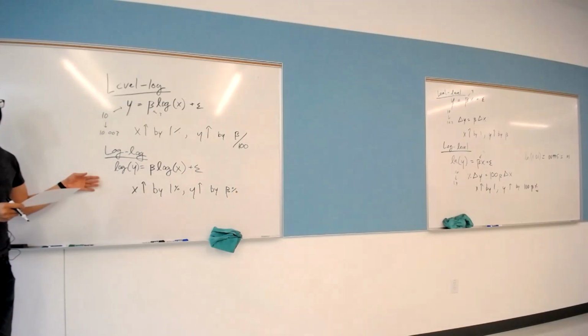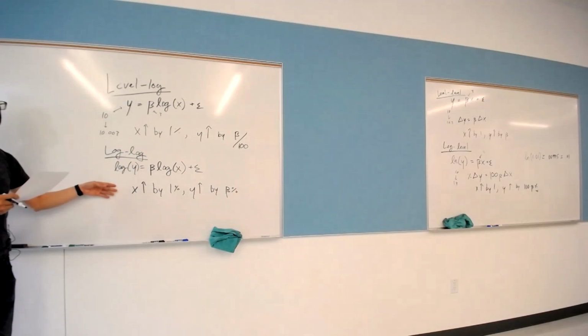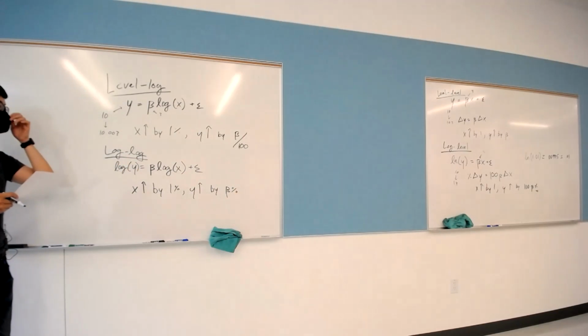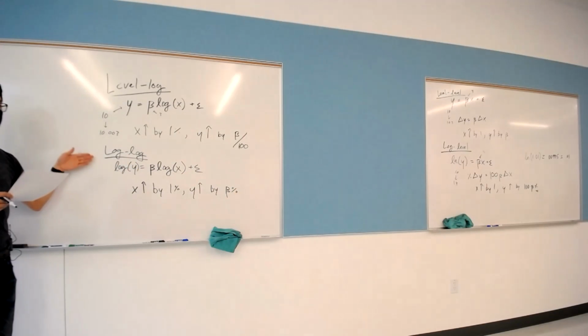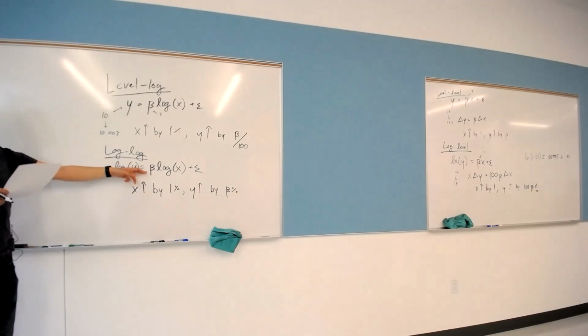This is the most common one that you'll see, log. This is the sort of one that economists use to derive elasticities. So a % change in X leads to a % change in Y via this beta relationship.